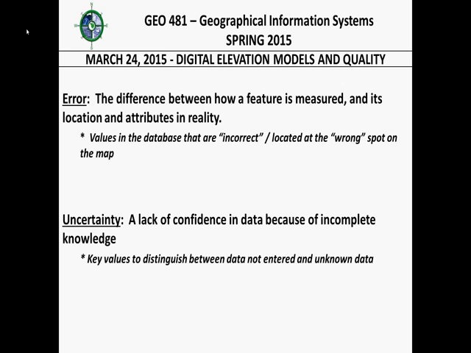Often you'll see a key value to distinguish between data not entered or unknown data. I've seen this in world census data. Some countries provide very detailed demographic breakdowns. How many people live in the United States or in Germany that are 30 to 35 years of age?